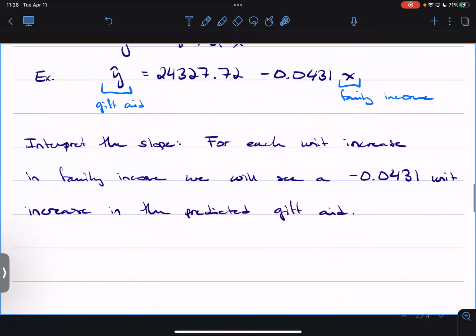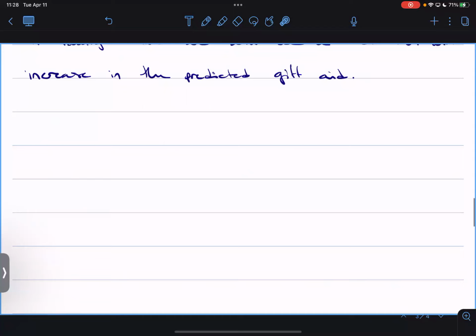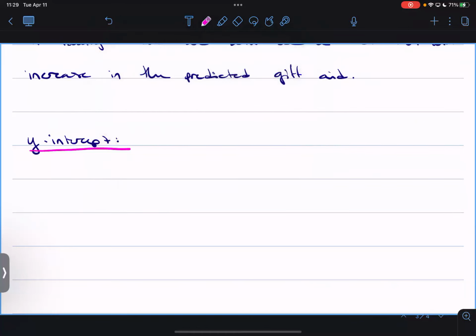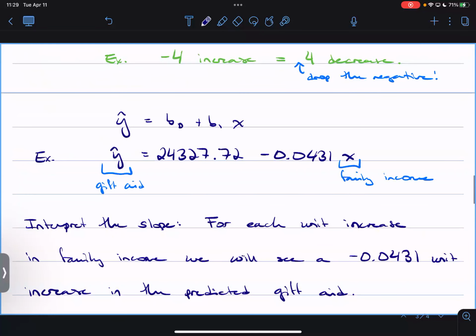Let's talk about the intercept, the y-intercept. The general interpretation of the y-intercept, right? The y-intercept is, and I always go back to this equation again, right? It's the predicted value of y when X is 0, right?